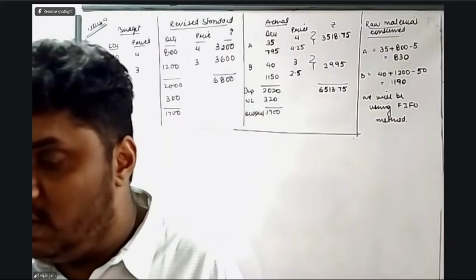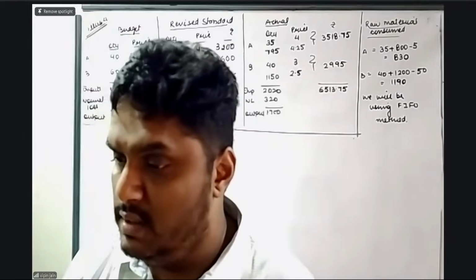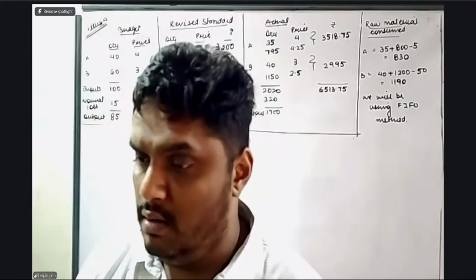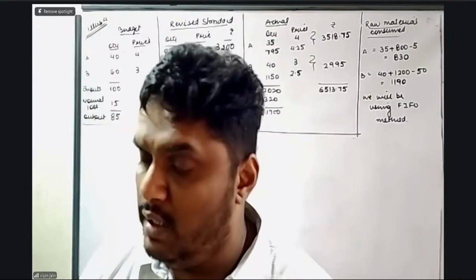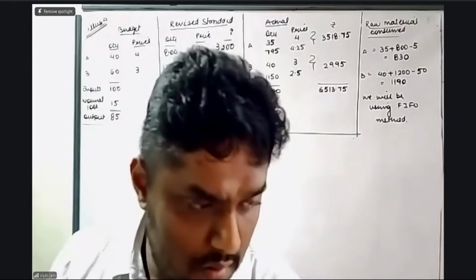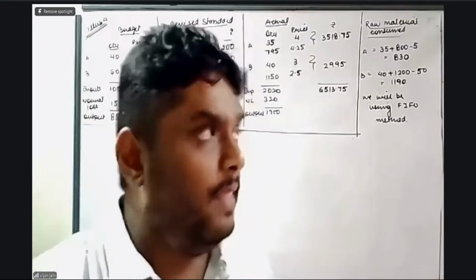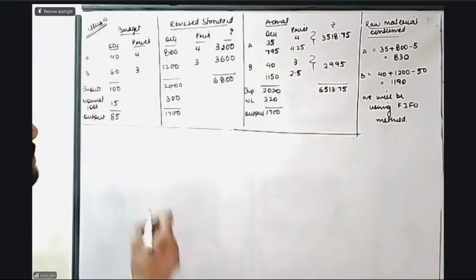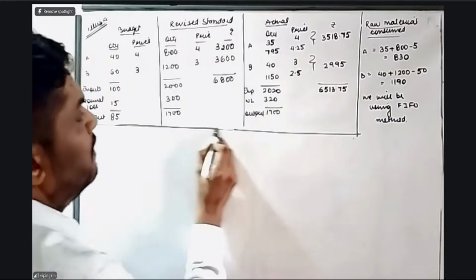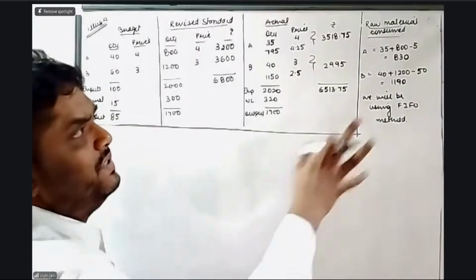Anyone with any doubts or queries? Once you are done with this master chart, you can solve any question with ease. Sir, yes? I'm Suhaira, sir. Yes, Suhaira, can you once again explain the actual prices? When talking about actual price, we are using the FIFO method.